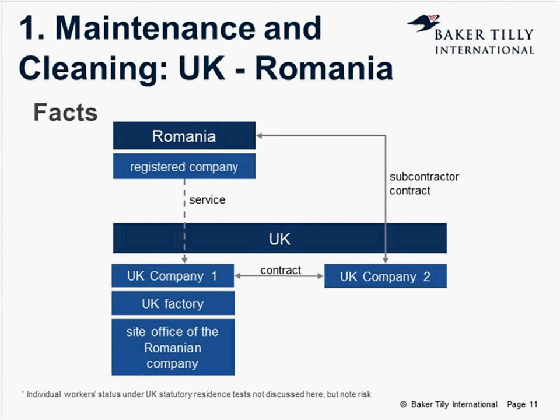The individual workers spent less than 183 days a year in the UK, and the Romanian company had a site office at the factory. And lastly, the contract was to be signed for a period of 20 months.